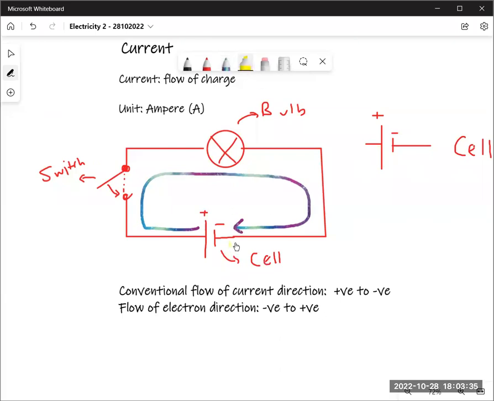But the opposite happens for the electron direction. The electron direction goes from negative to positive. This is current, and this is electron.